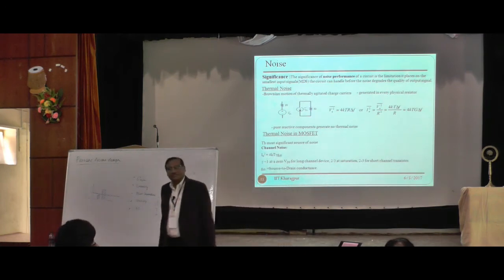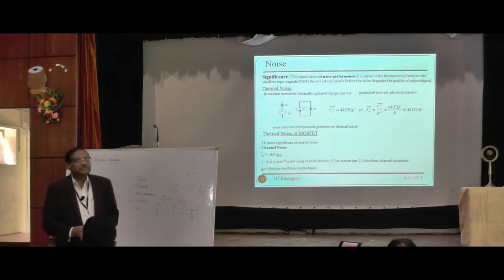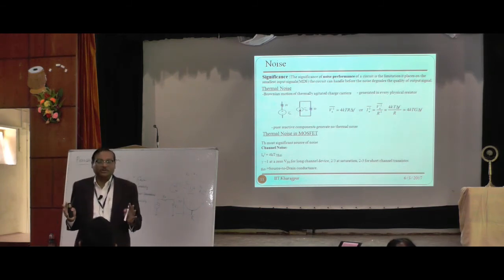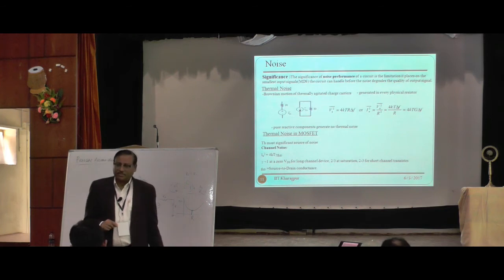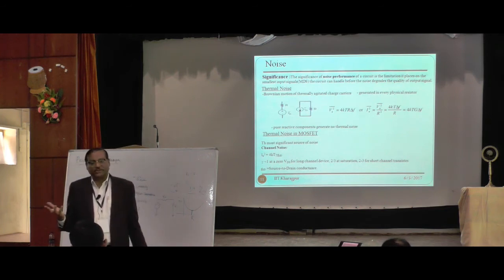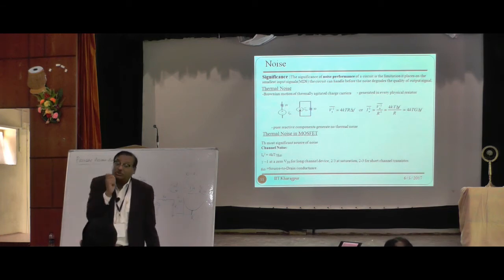This is noise. I will give a very simple approach in explaining the noise, and then I will go to how to model the noise for my systems. The first and foremost noise, all of you know, is thermal noise, 4kTR. How to model it?